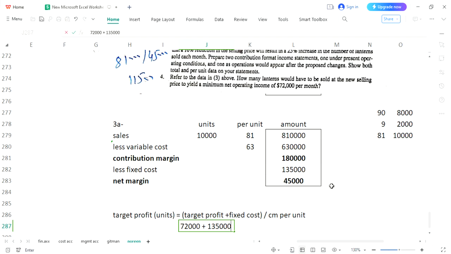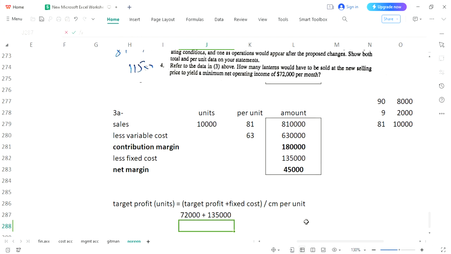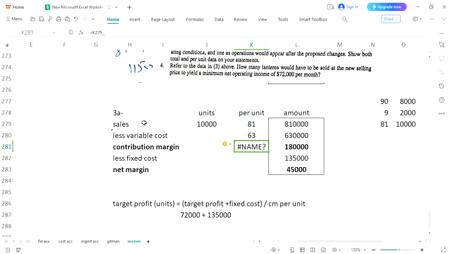Now you need to have CM per unit. For that, it's very easy. You can calculate over here the CM per unit. Everything in this column is written per unit. How do you calculate contribution margin? By subtracting variable cost from sales. Your sale was 81 and you will subtract your variable cost, which is 63.